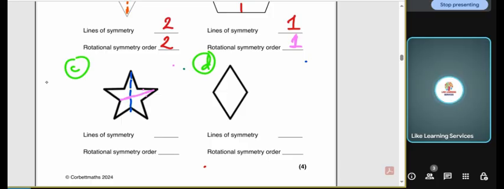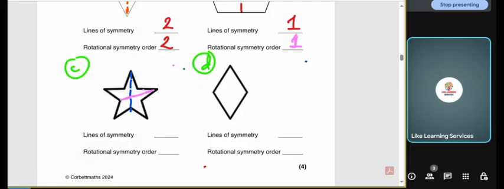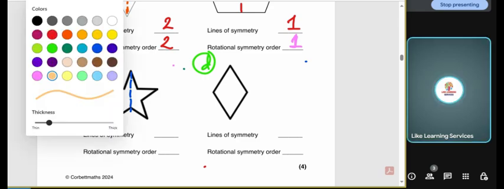Okay, let's see if we try to fold it. Let me just show you something. Do you believe the blue one is a line of symmetry? Okay. Do you believe the purple one?